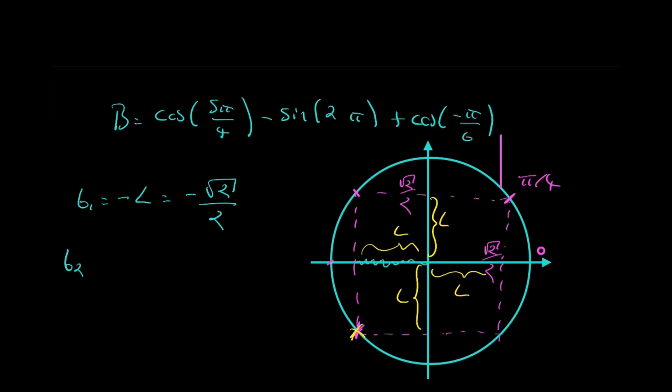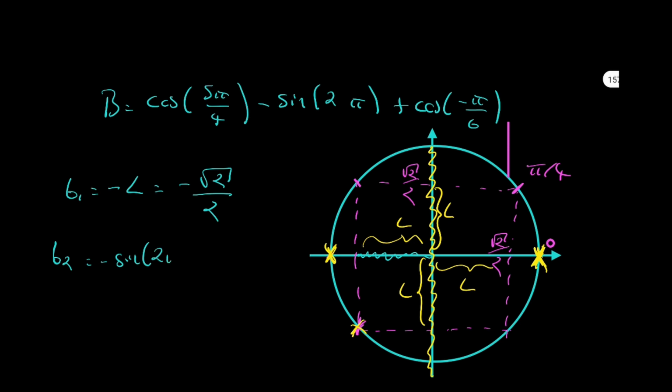So let's count 2 pi, 0, 1 pi here, and 2 pi, which is the same angle as 0. And as the sinus can be read on this axis, we can easily say that sinus of 2 pi is equal to 0.